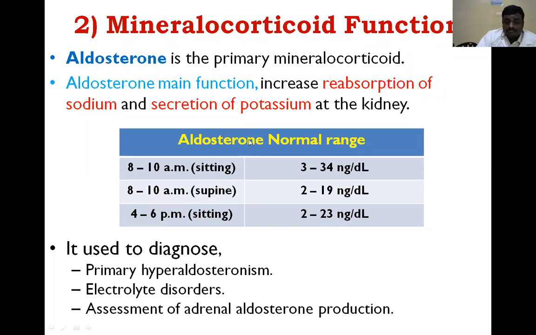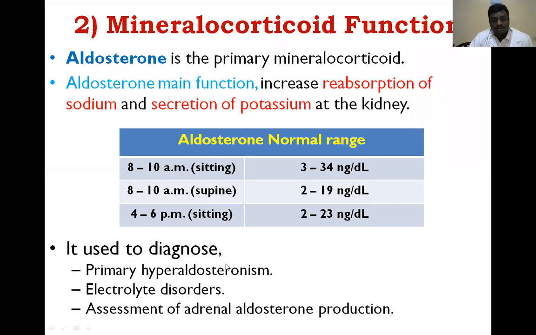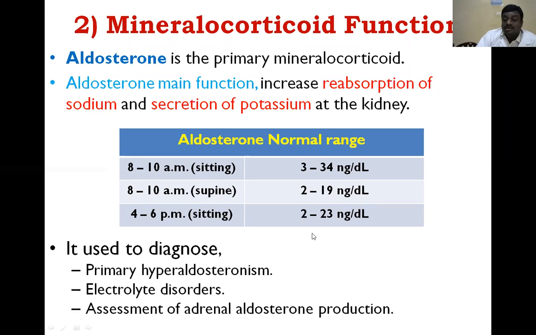Aldosterone estimation is mainly useful for identification of primary hyperaldosteronism and electrolyte disorders. You know that when we discussed electrolytes, we covered sodium and all these. Next one is assessment of adrenal aldosterone production. This is about mineralocorticoid function.